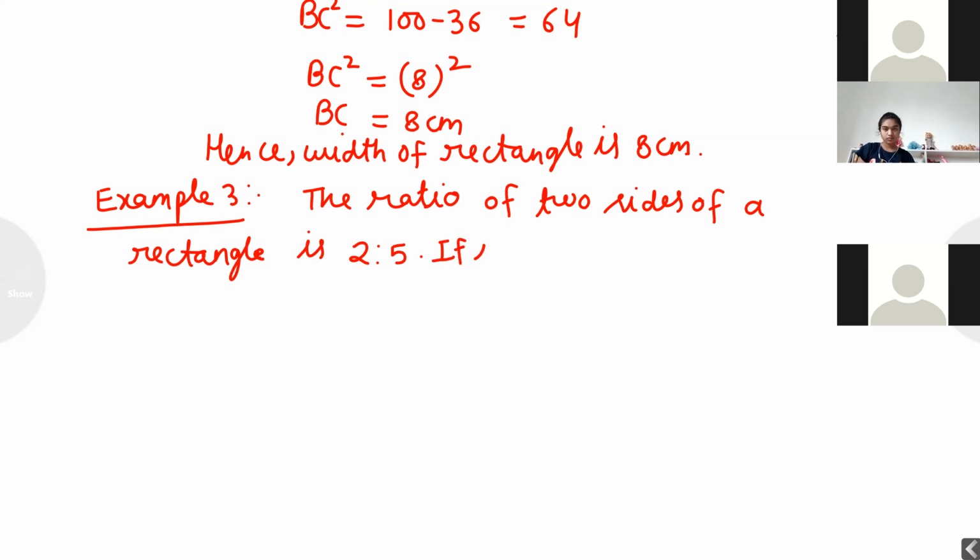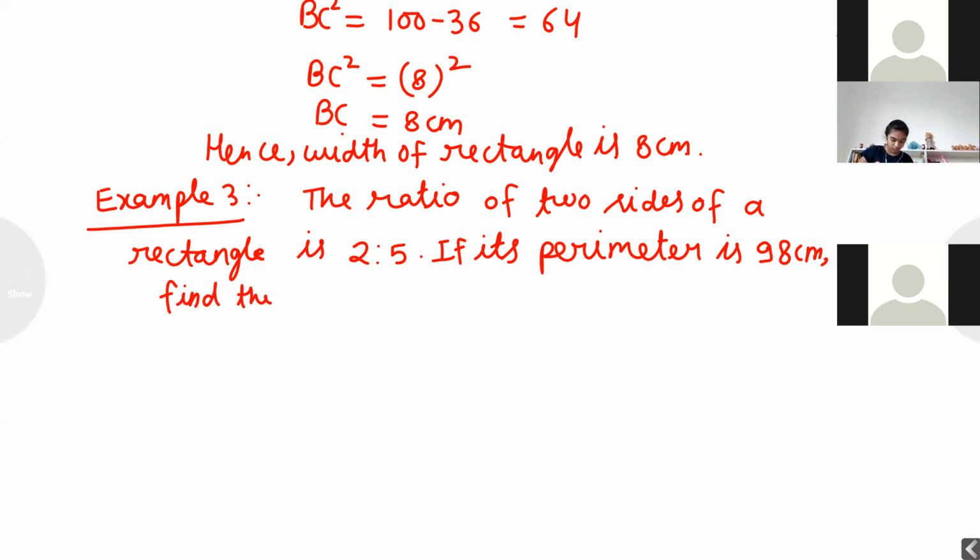If its perimeter is 98 centimeter, find the length of each diagonal of the rectangle.